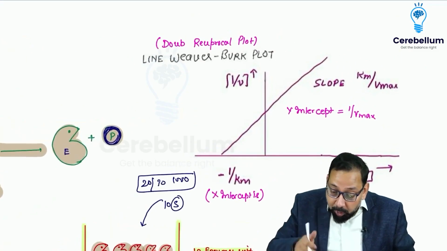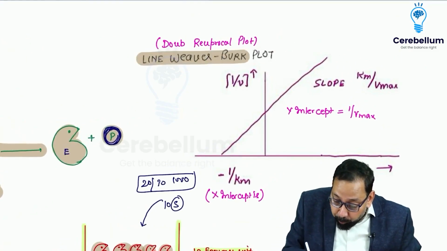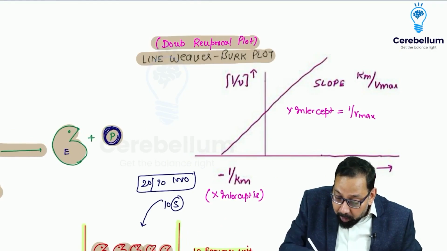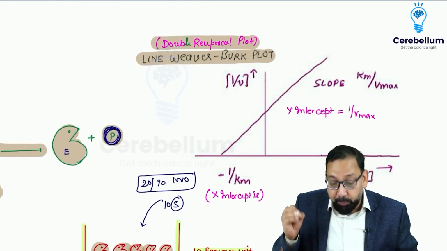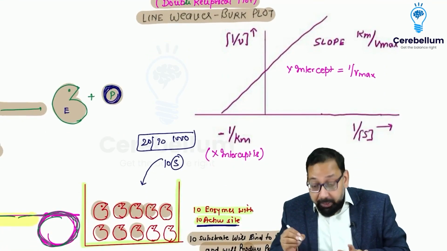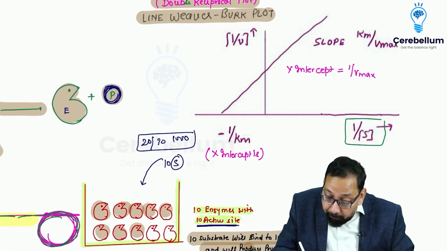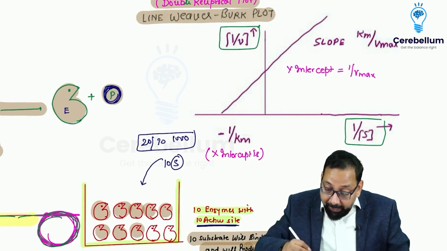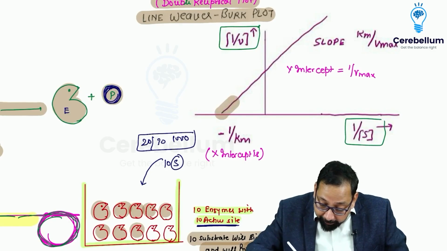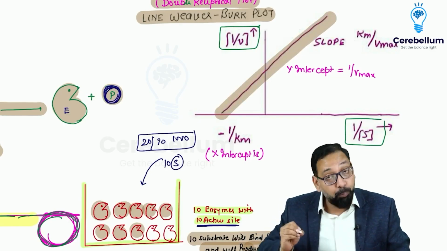Now we come to the Lineweaver-Burk plot, or double reciprocal plot. If we plot a graph between 1 upon substrate concentration and 1 upon velocity, we will find this Lineweaver-Burk plot.